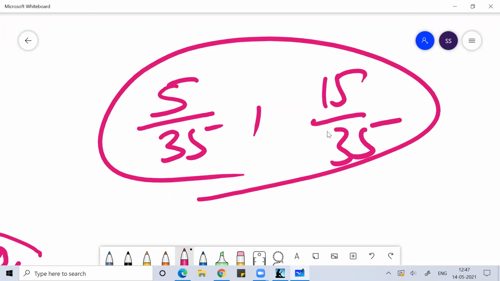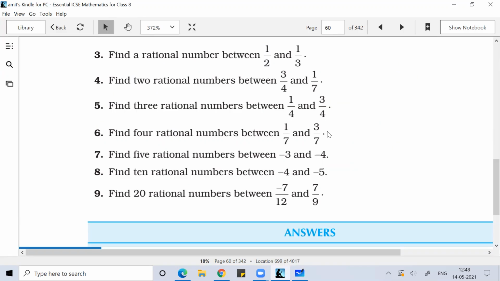Yeah, sir. What can be the possible answer? 6, 7, 8, 9, or 7, 8, 9, 10, like that. Anything, the maximum you will take is 14. Can you understand? Yeah, sir. Now I'm clear, Tanish. Any doubt? No, sir. Okay, so we'll do this much in today's class.